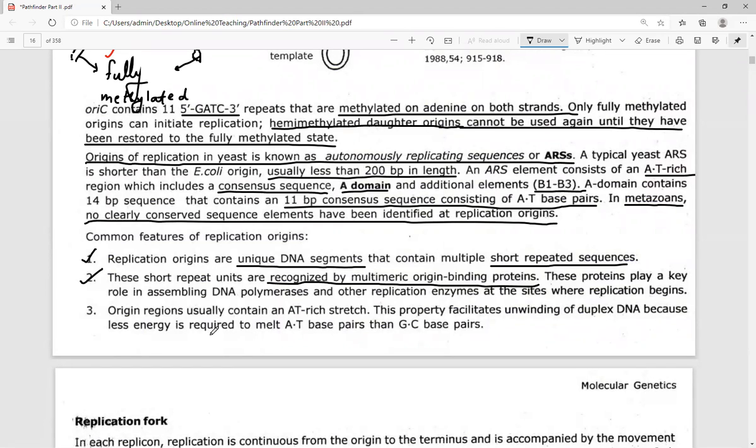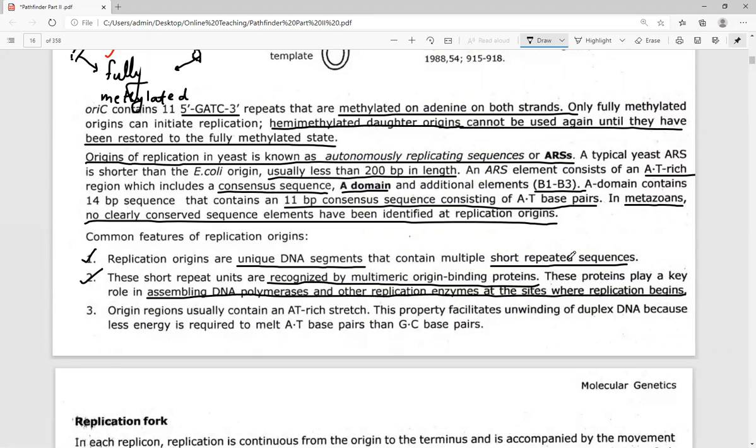They play a key role in assembling DNA polymerases and other replicating enzymes at the site where replication is going to begin. They work to assemble the different proteins at the site of DNA replication.